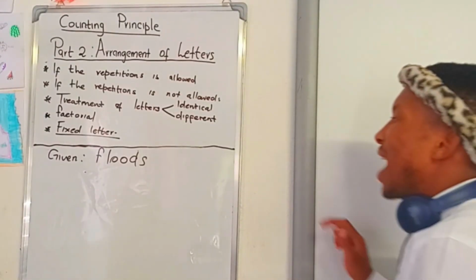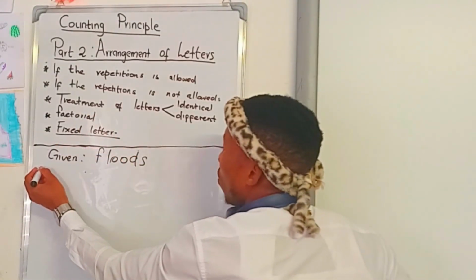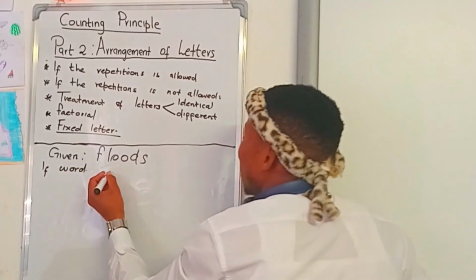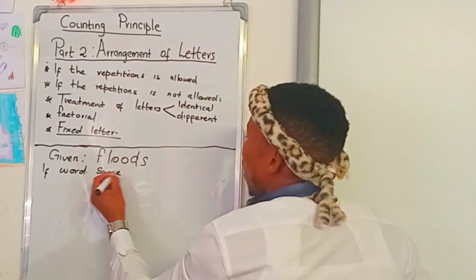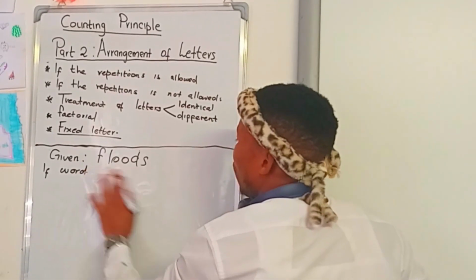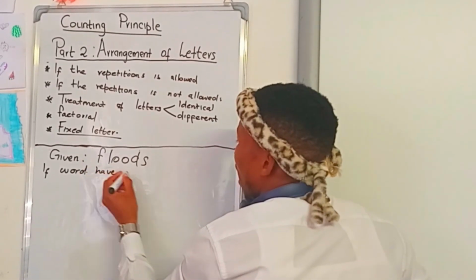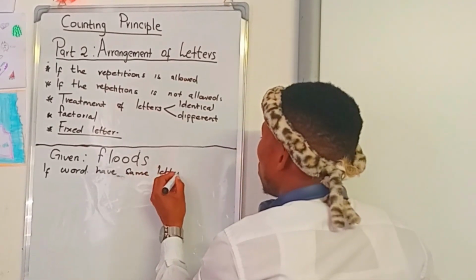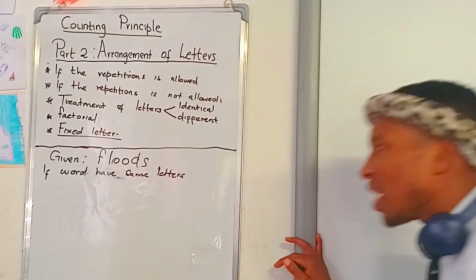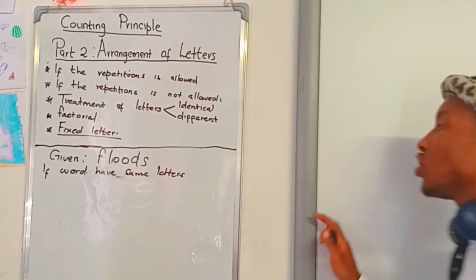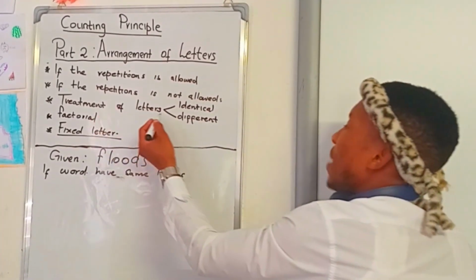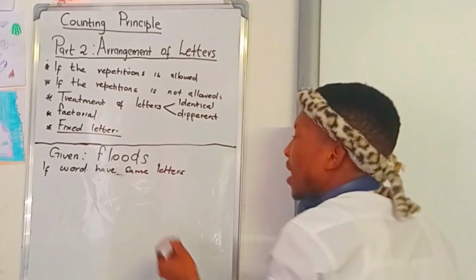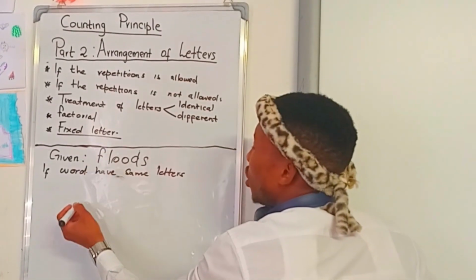Therefore, the first rule: if the word has the same letters, and you've also been told that the letters are treated as identical, what are you going to do?